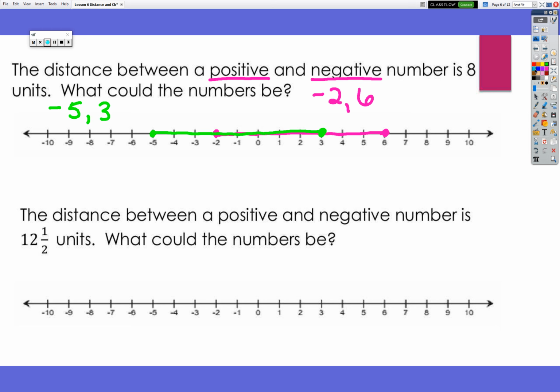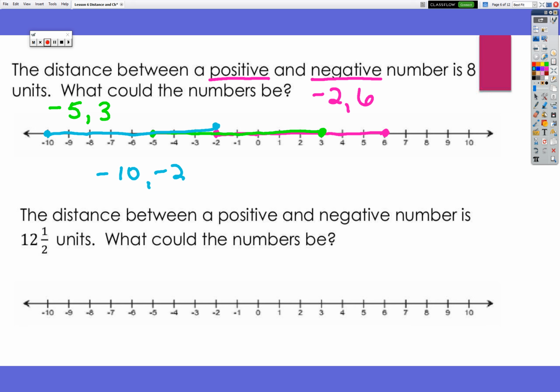Let's try another one. How about if I start at -10? Let's see what would happen. 1, 2, 3, 4, 5, 6, 7, 8. I end up at -2. Could I write that down as a choice? -10, -2. I hope you're thinking, no, you could not write those down as a choice.